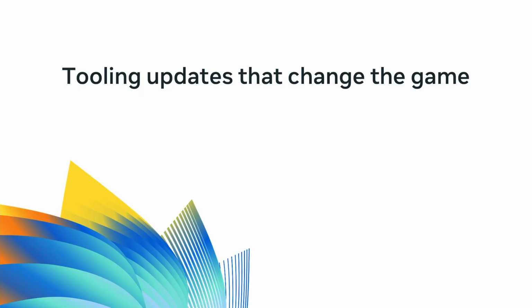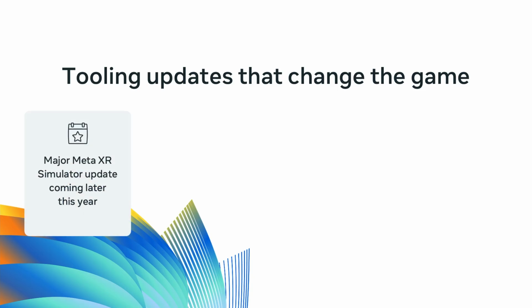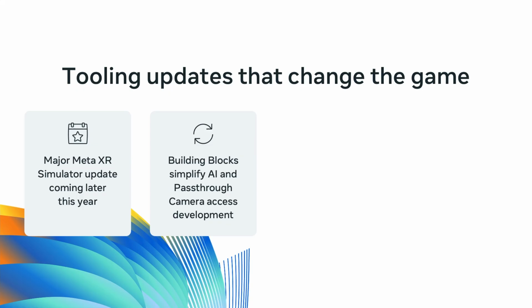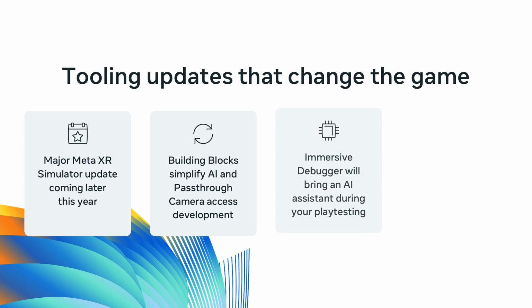Now, let me quickly recap what we talked about today. A major update to Meta XR Simulator, which is coming later in the year. And again, you can have a preview and a demo of this in Building 15, just after this one. Building Blocks, where we're going to focus a lot on simplifying passthrough camera access and AI. First release coming with V83, but this is an area where we really think Building Blocks can be the platform that helps you experiment with what's really cutting edge right now in VR development.